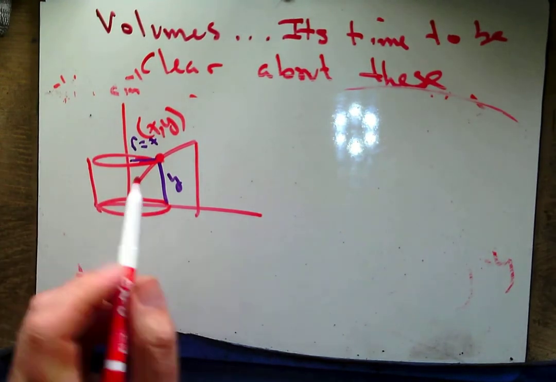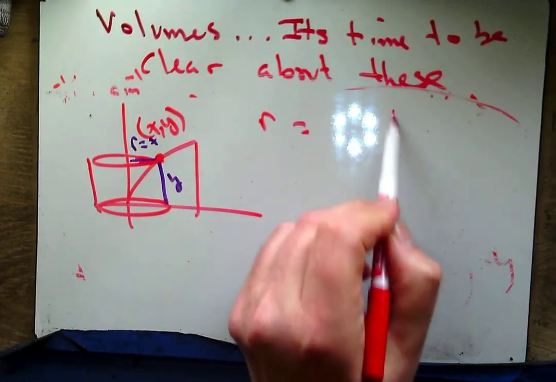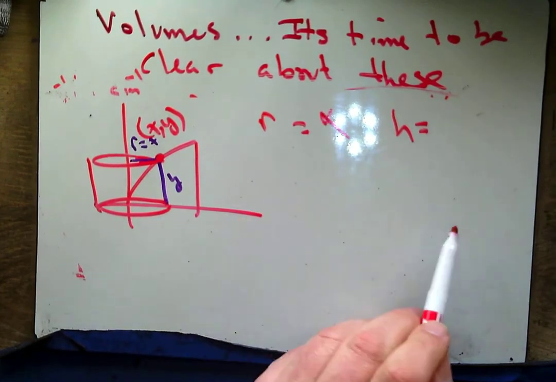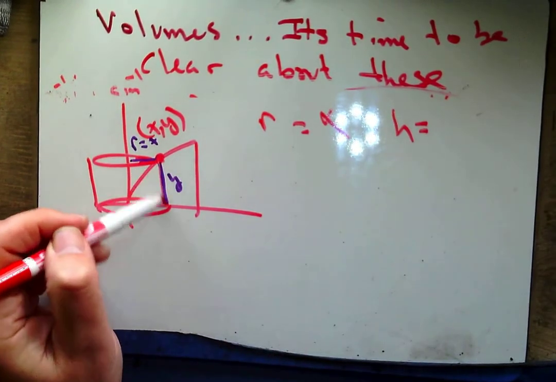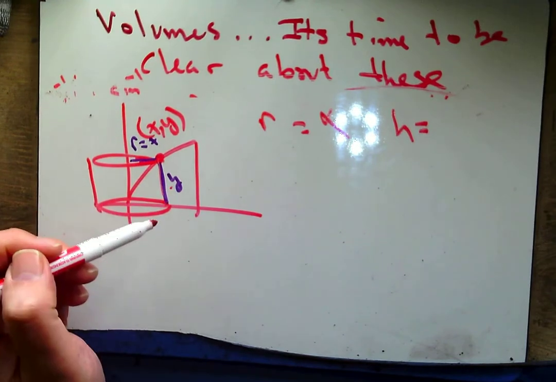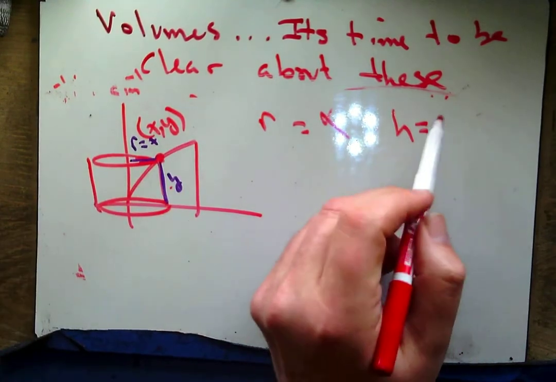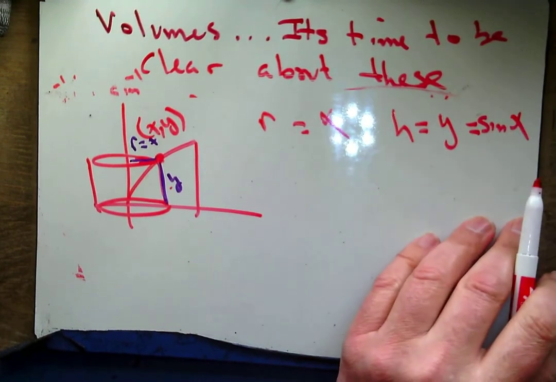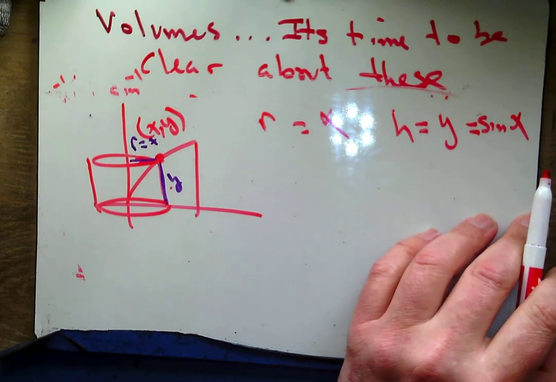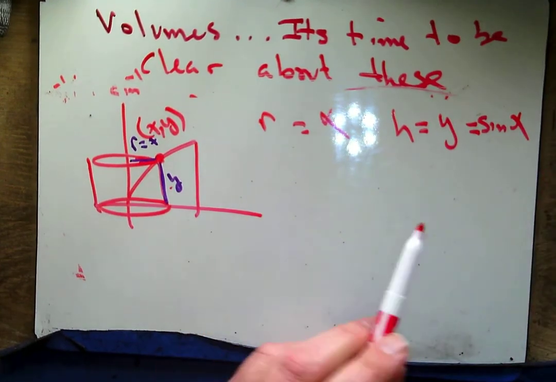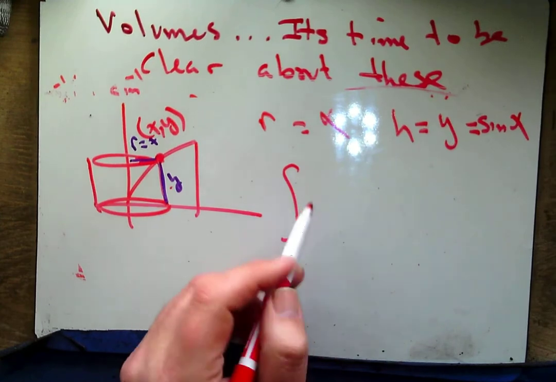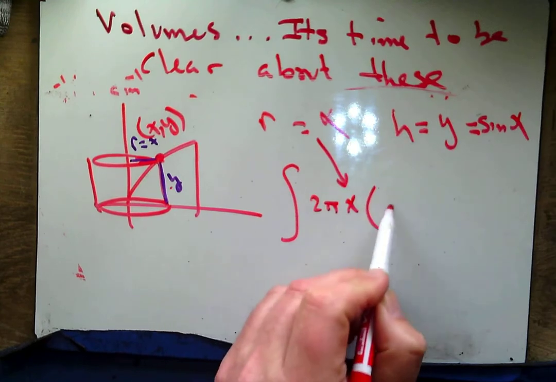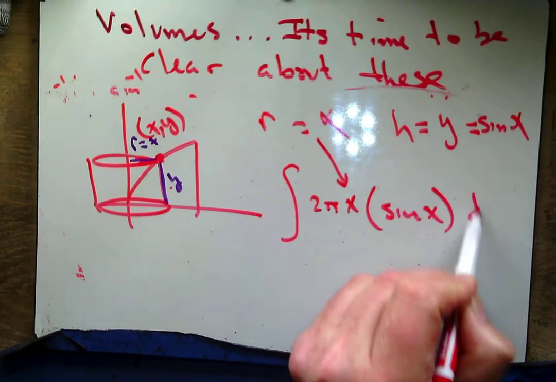Since this is a dx shell, I want everything in terms of x's. Looks like radius, no problem. But what about height? Well, we identified the height of this cylinder as being our y value. And remember, our function here is y equals sine of x. Sine of x, yes. Okay, so my integral would be 2 pi x times sine x dx.